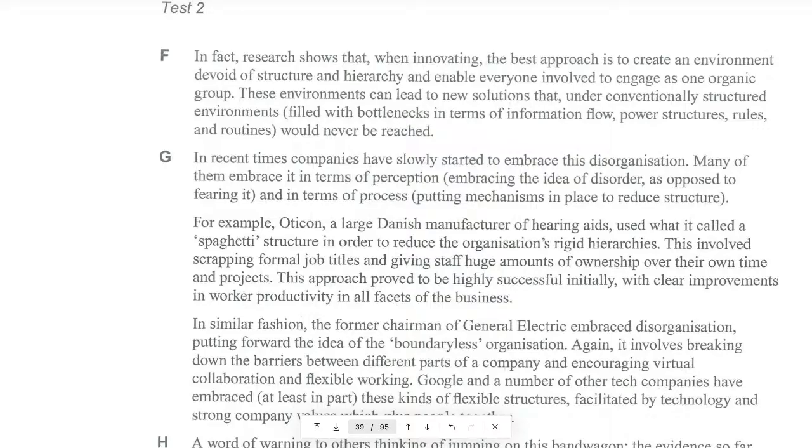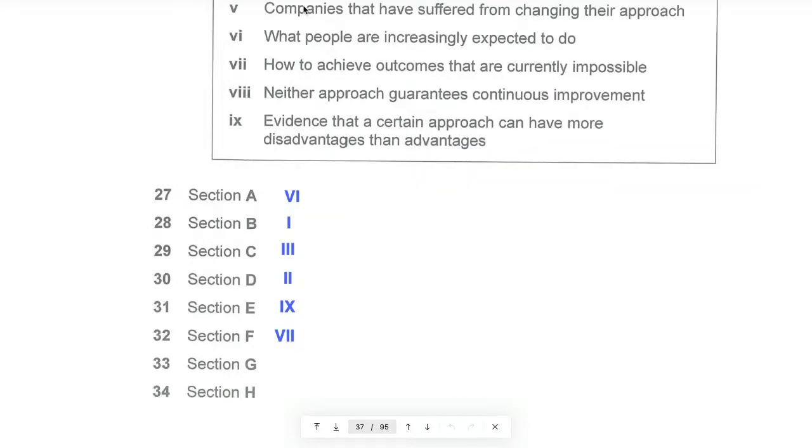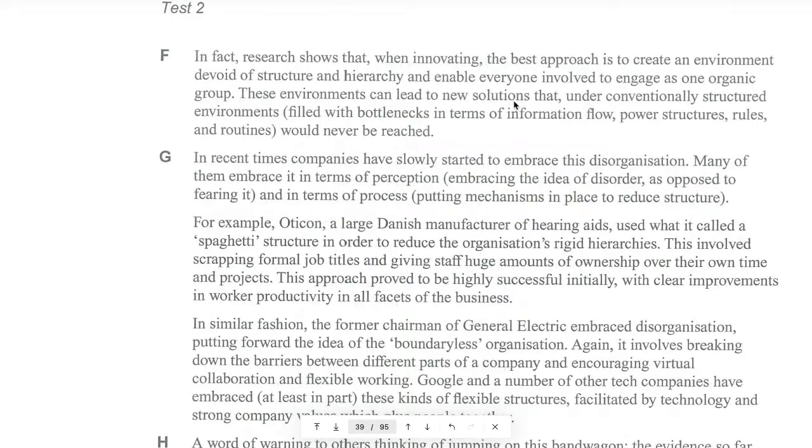So the outcomes, here they say outcomes that are currently impossible. That means the solutions that would never be reached, that is currently impossible. But now, by creating the new environments, we can have the new solutions.